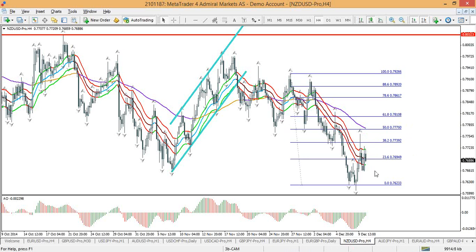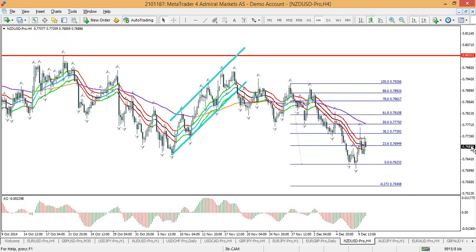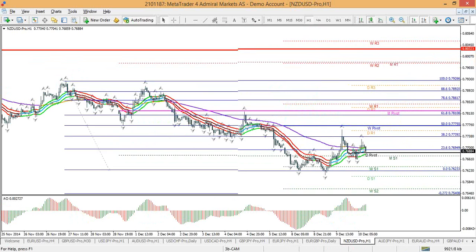Close to the 50 fib. Target therefore 75.40 for the moment on the 4-hour chart. Looking bearish too. And yeah, what level?